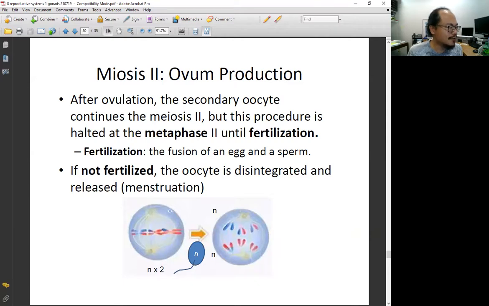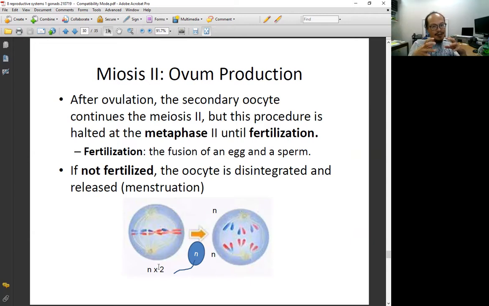So here we have the secondary oocyte that has n times 2, right? That's after the first meiosis. Then it gets arrested at metaphase until the sperm comes in and knocks on the door. Then this secondary oocyte will complete meiosis and generate 2 daughter cells.